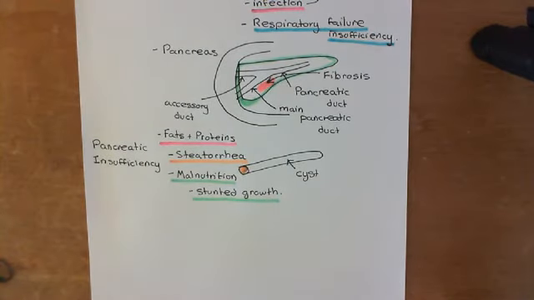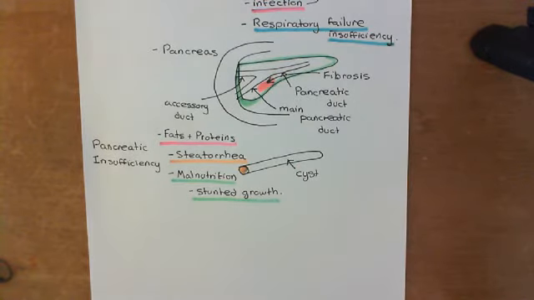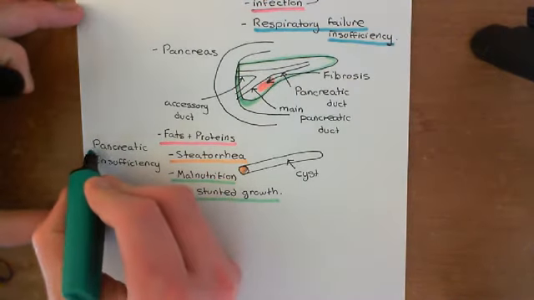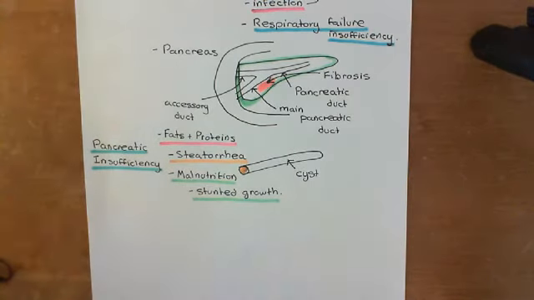It's failing the body. It's failing to produce the enzymes that are necessary for appropriate digestion. Well, it's not that it's failing to produce them, it's failing to actually secrete them into the duodenum. And this causes the problem of malnutrition for the rest of the body. Right, so that's a term that you will often hear used when describing the symptoms of cystic fibrosis, pancreatic insufficiency.